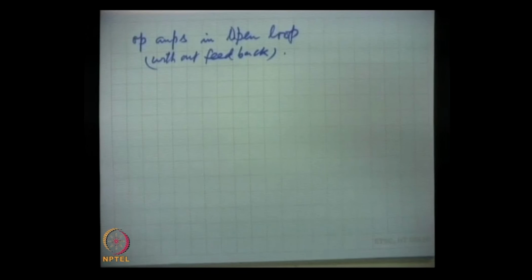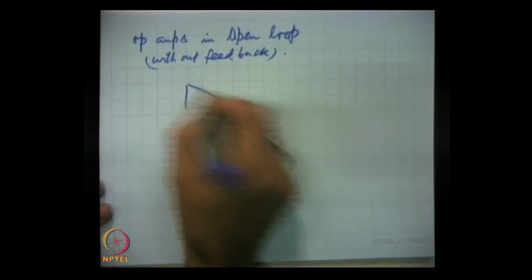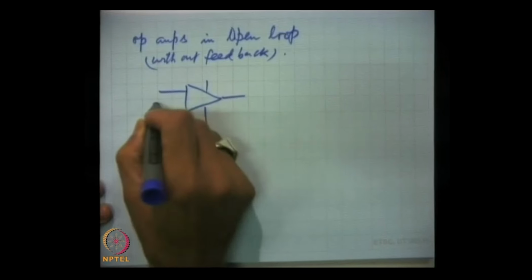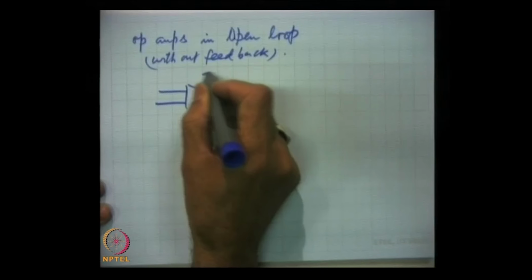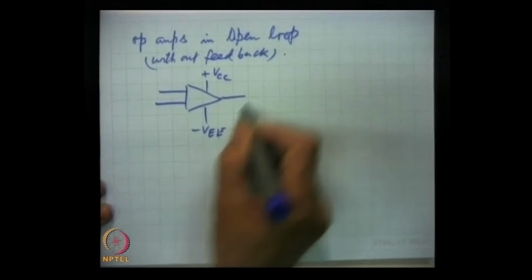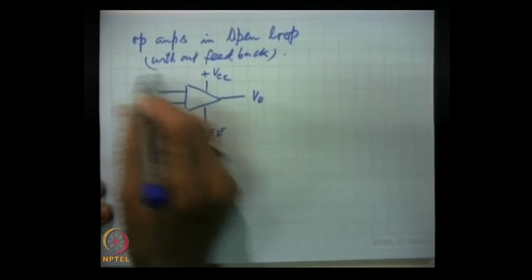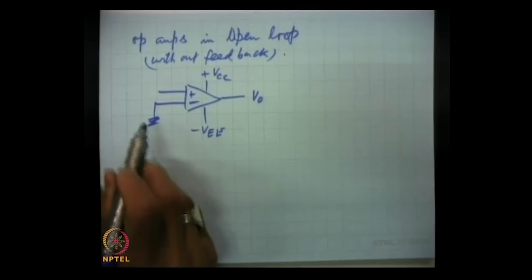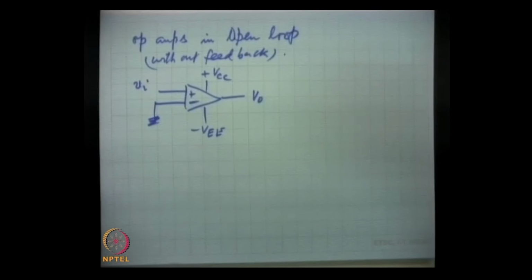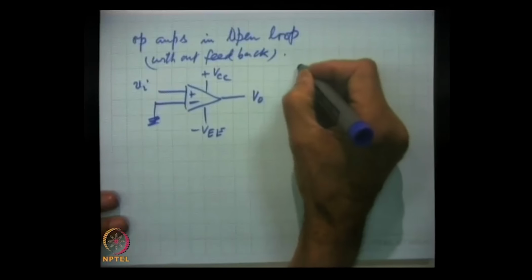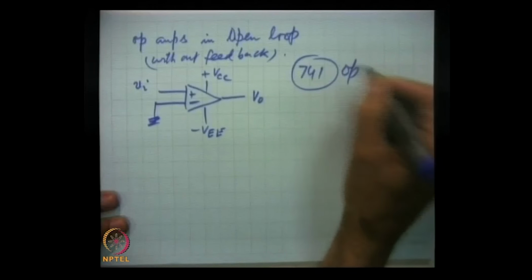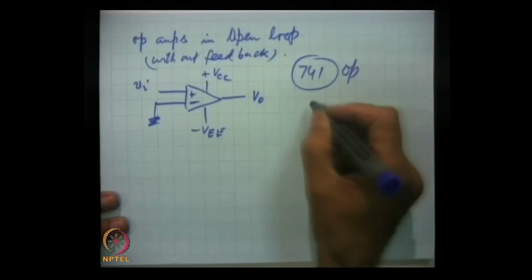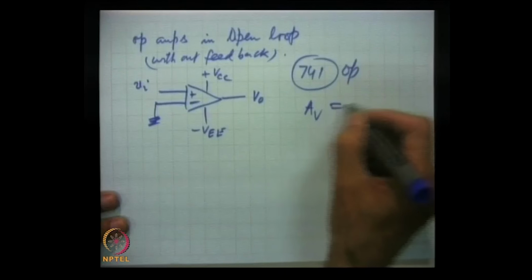We will talk about this in detail, but one thing I make clear: by open loop we mean this, that we have to supply the voltages, the output we will take, and here suppose we ground one input and give a small voltage here, and the voltage gain for the 741 op amp, which we will take for our discussion, is 10 to power 5.